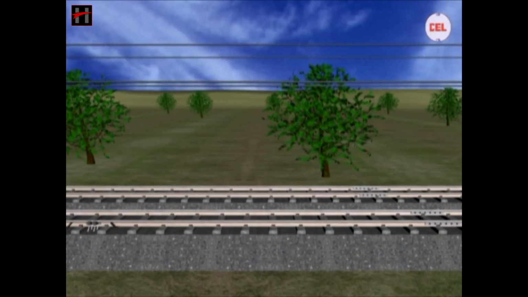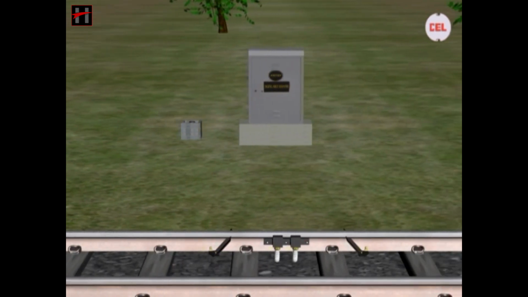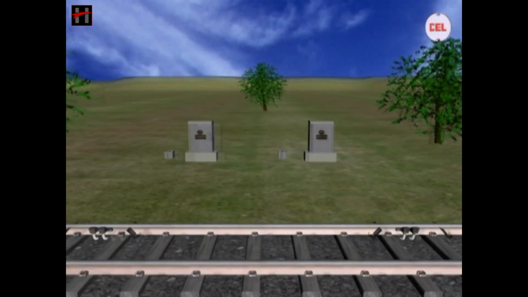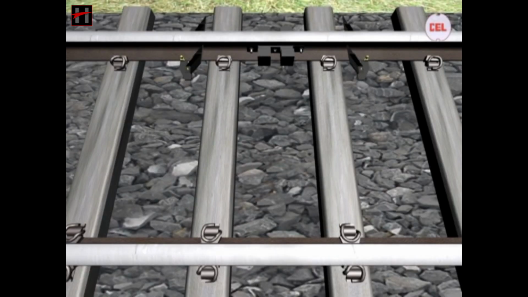Now let's take a look at some precautions which need to be taken before installing the axle detectors. 1. Ensure that the separation between axle detectors of two SSDAC systems is at least 2 meters to avoid mutual interference. 2.